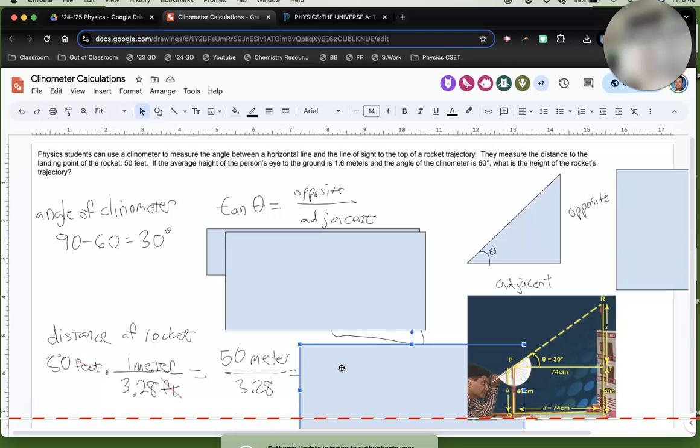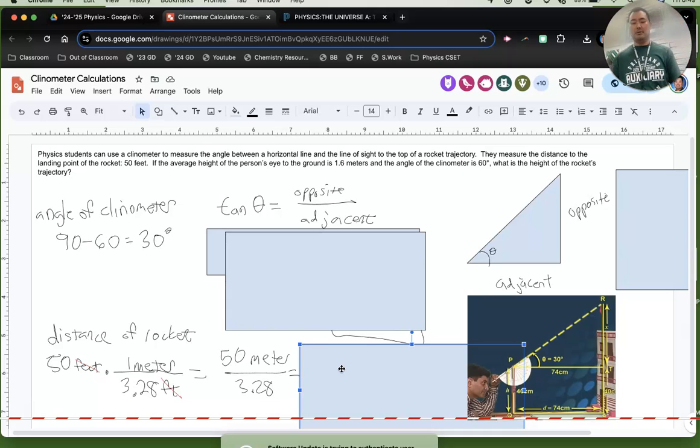We're going to divide 50 by 3.28. Let's call on a student. What did you get when you take 50 divided by 3.28? So put in 50 divided by 3.28.